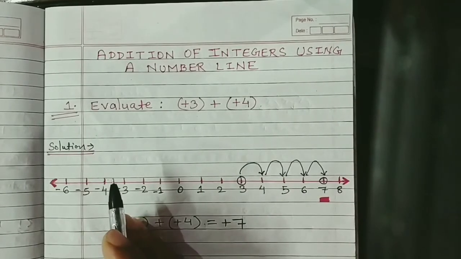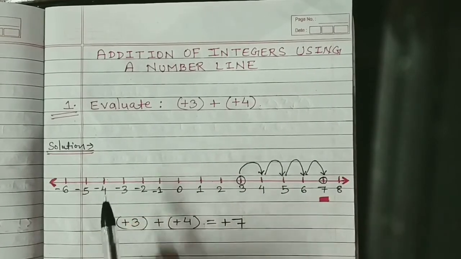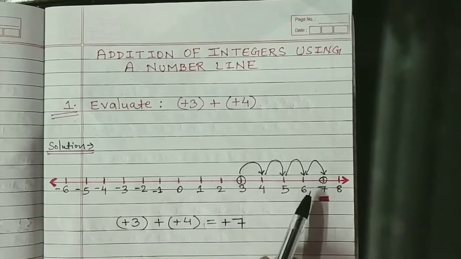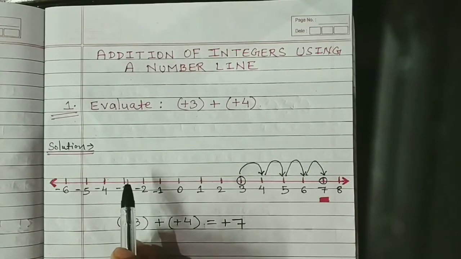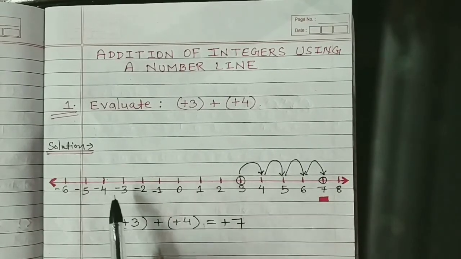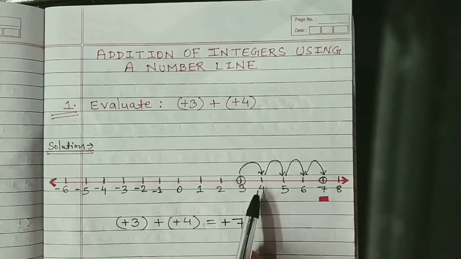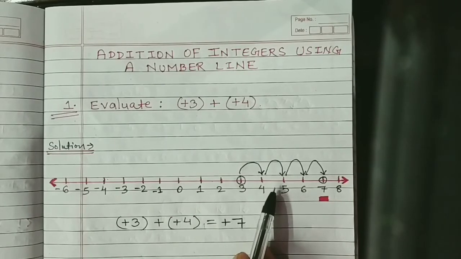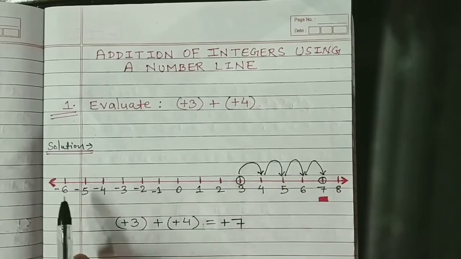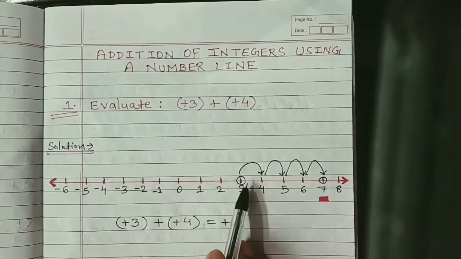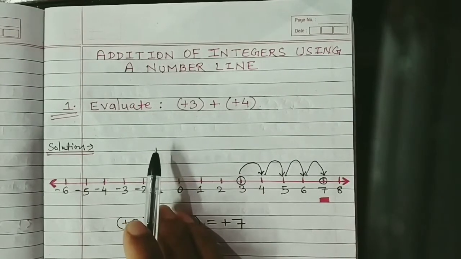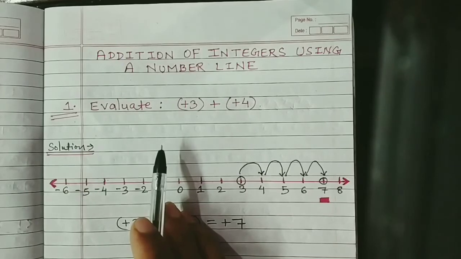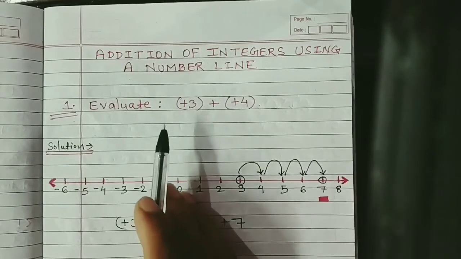So what we are going to do, we are going to make a number line here and write some integers on this number line. I have made a number line here and written some integers on it. After that, you have to understand very sincerely.